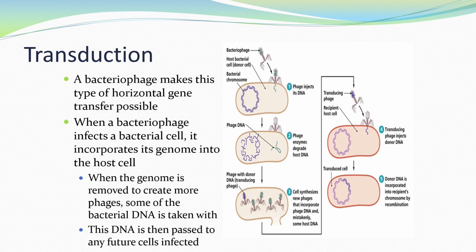So when these new phages go to another bacterial host cell and infect it, they are taking by accident the genome of that original host bacterial cell to the next host cell, and then inserting that genome into the next host. So again, this is kind of an accident of gene transfer, and it's going to happen due to a virus known as a bacteriophage. So transduction.